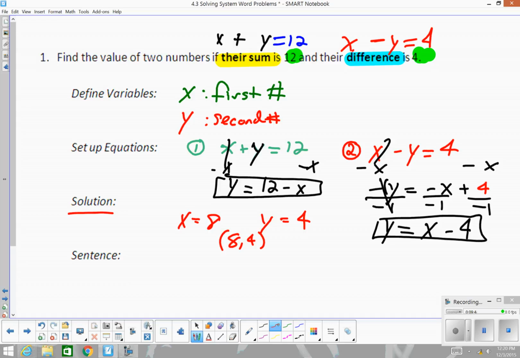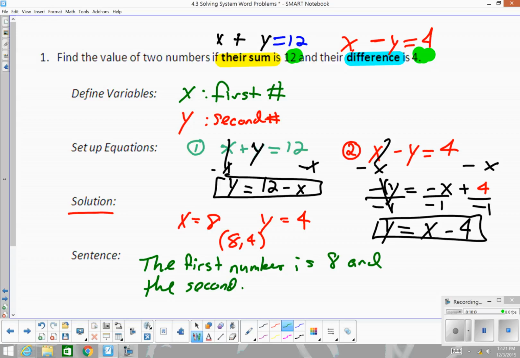So I would say the first number is 8, and the second number is 4. That's my answer.